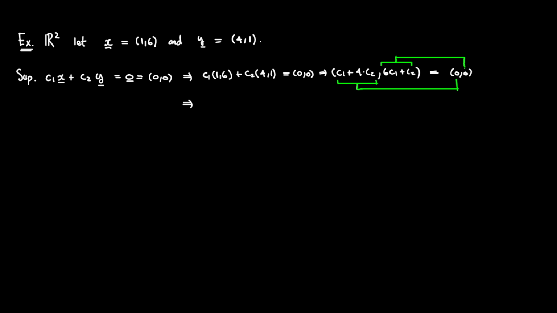The only way vectors are equal in R2 is if their components are equal. So equating components gives us C1 plus 4C2 is equal to 0, and also 6C1 plus C2 is equal to 0.